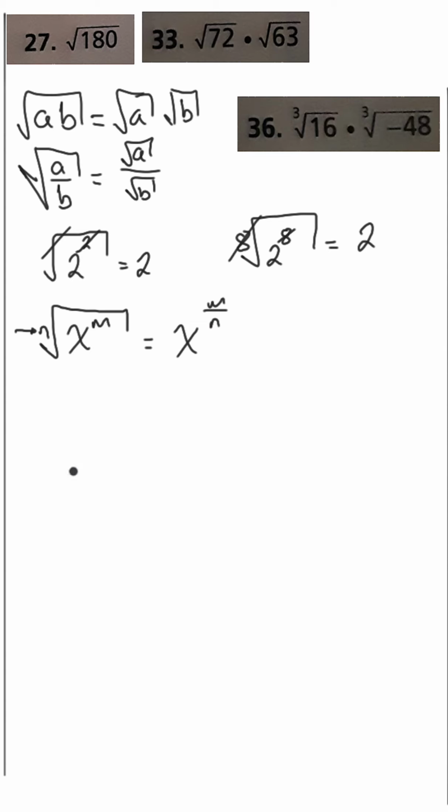So let's do a quick example about this. Let's say that you have 3 to the 4th, and we are using again an 8th root, or whatever you call that root. So you only have to do this: we place the 4 in the numerator and the 8 in the denominator. And then you just have to simplify the fraction. I think this is way easier, especially for difficult roots like this one.